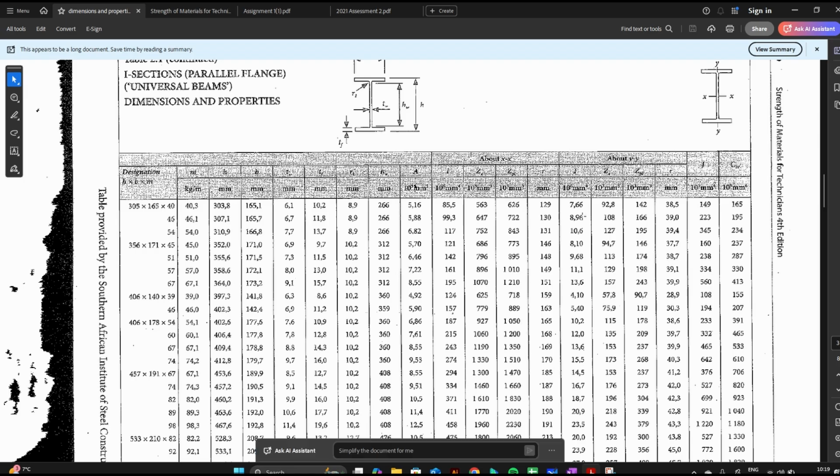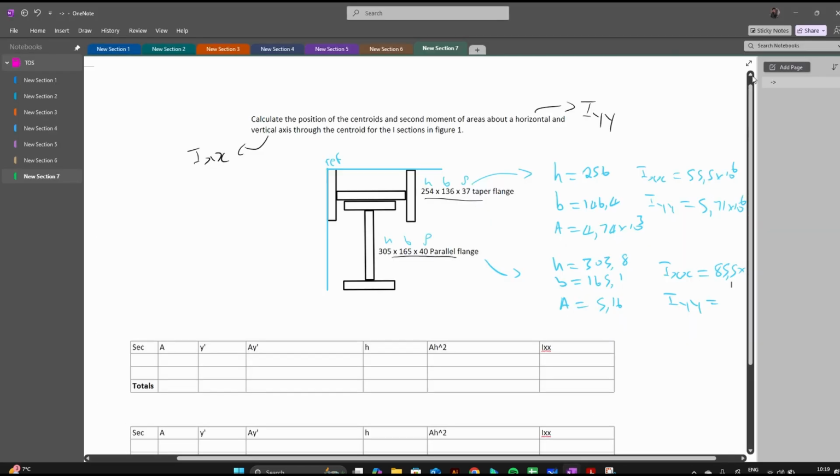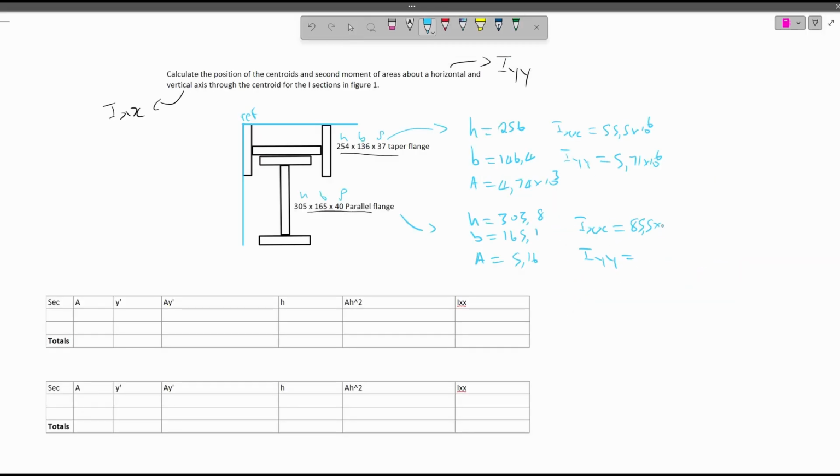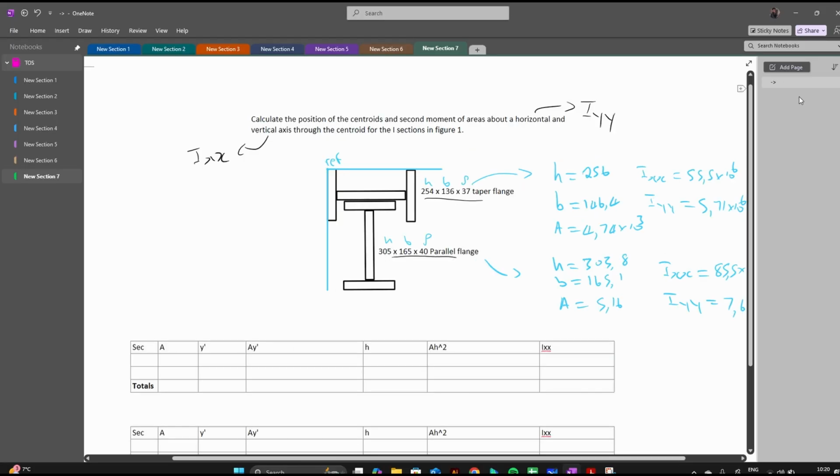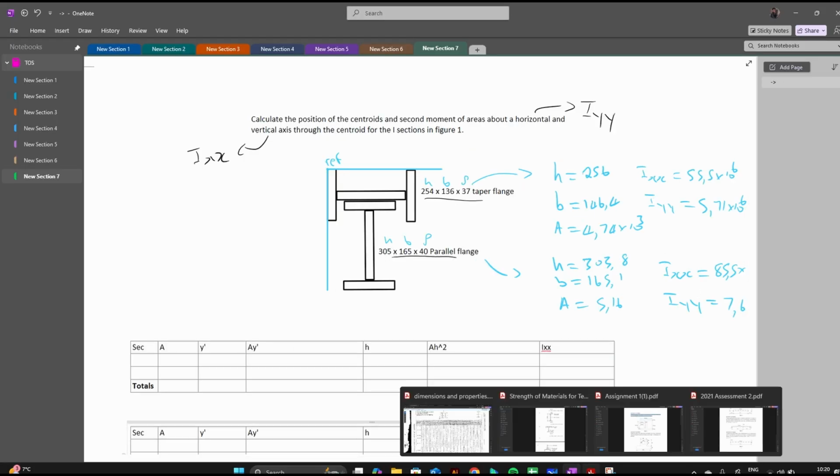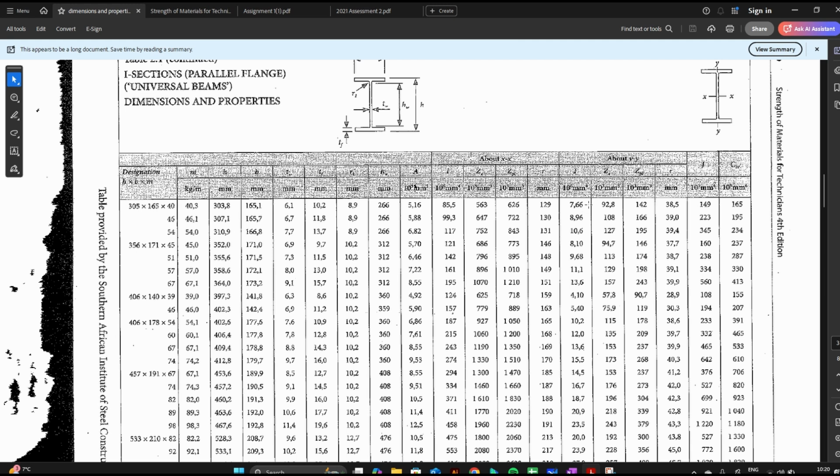And our Iyy is 7.66. Let me confirm this one. Yeah, 7.66.